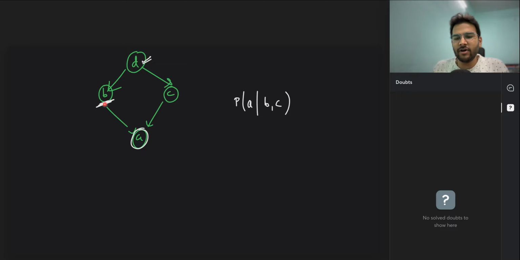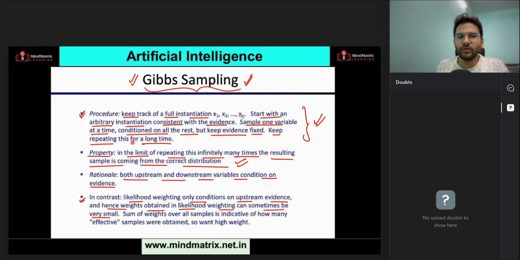If you have evidence only B, or both B and C, then D is still independent. This random variable is acting according to the evidence, but the effect of the evidence is not on the upstream variables, which we already discussed in the previous lecture. So the sum of weights over all samples is indicative of how many effective samples were obtained. So we want high weight.